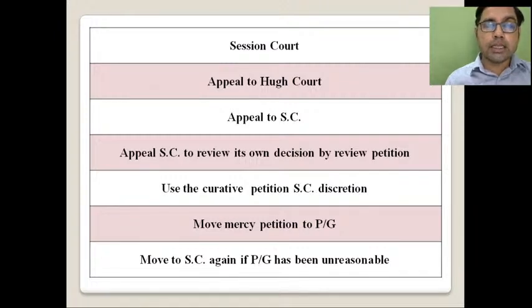So ये सारे stages हैं जो आप use कर सकते हैं. So after your appeal got disposed of by the Supreme Court, directly you may also file a mercy petition. This thing you have to keep in your mind.